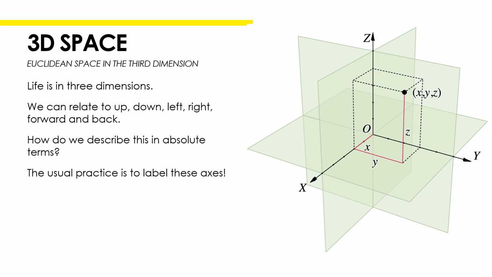We can do this in video games, and you may have seen this already with parent and child relations in Unity. But what we really need is an absolute way to determine where something is within space. The usual practice to do this is to label our axes with an X, Y, or Z.